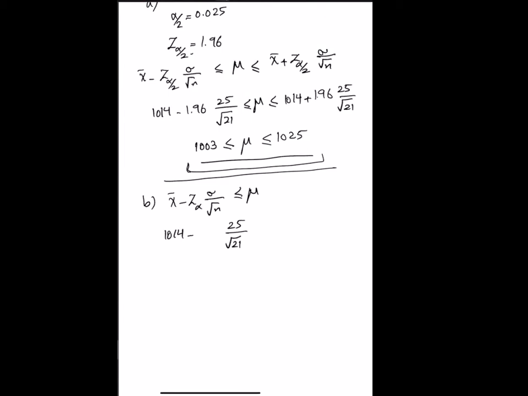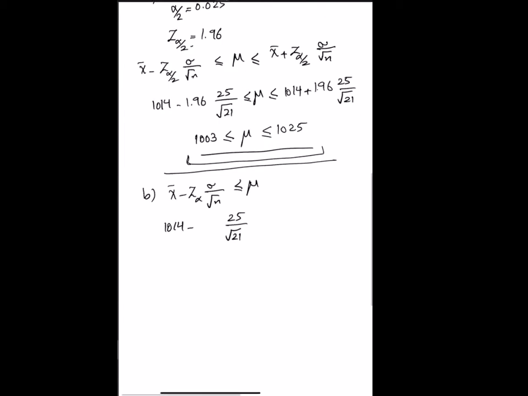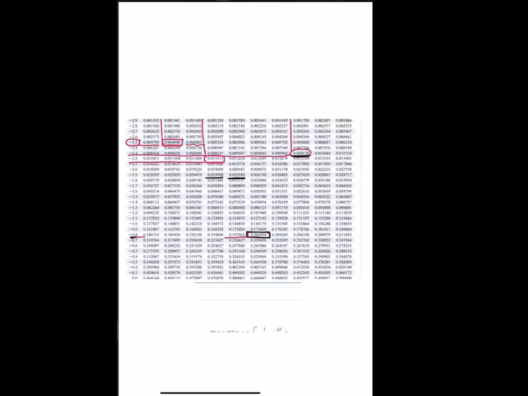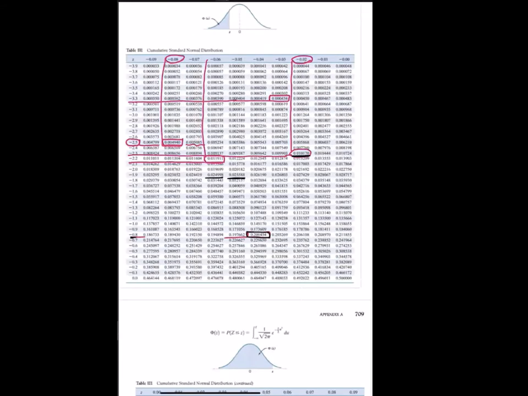I need to know z of alpha, and that's z of alpha is 0.05, right? I need to calculate that. If I go to the table, 0.05, 1.64, yeah, 1.65, and always pick the positive number.